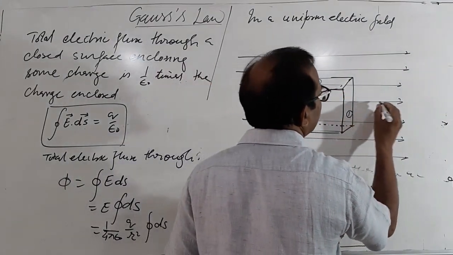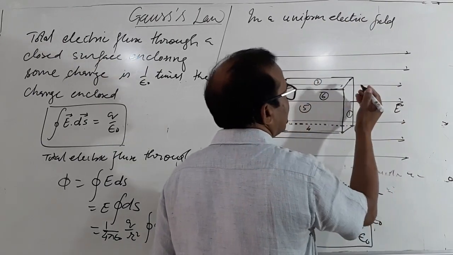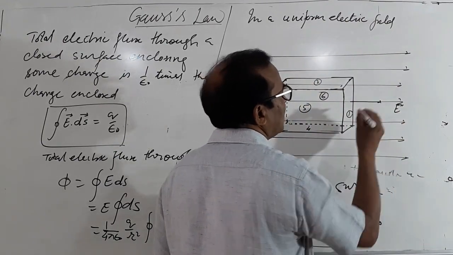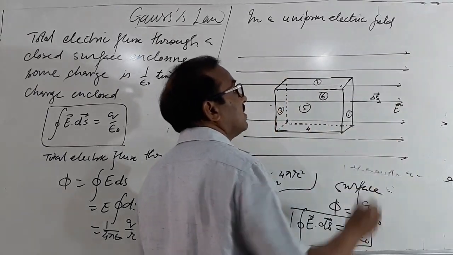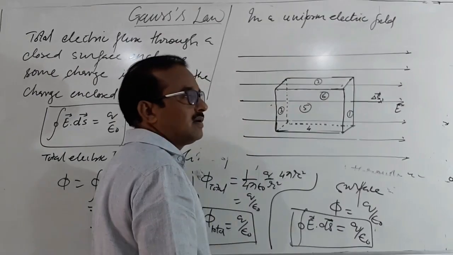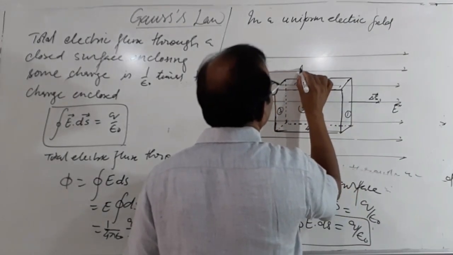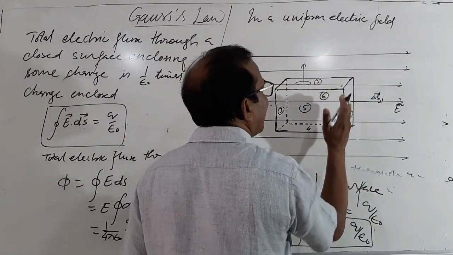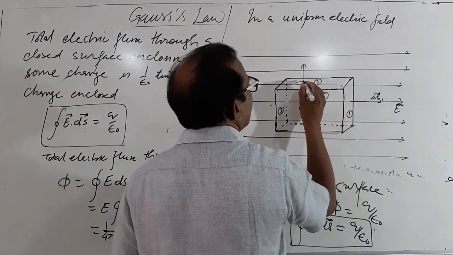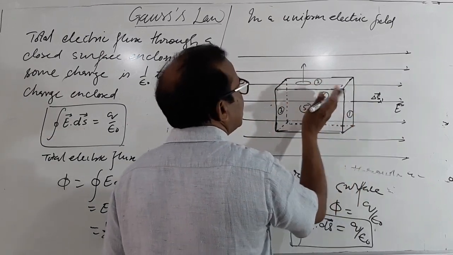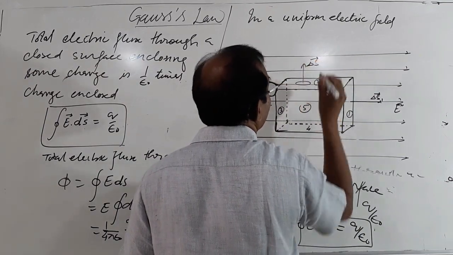Let us see the electric field and the surfaces. The electric field is directed here for face 1, and the area vector is also here. On face 2, this is a flat surface, so the area vector represents the total area, and it is directed vertically upward.